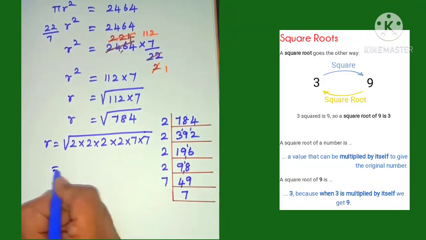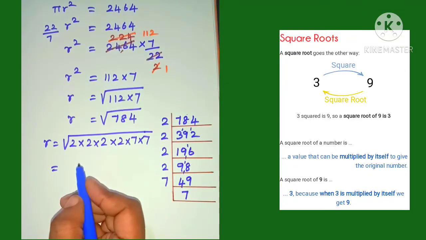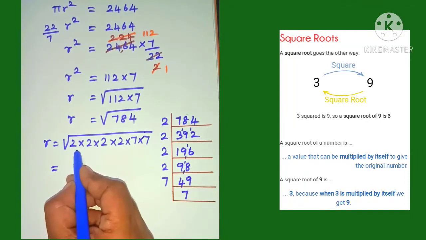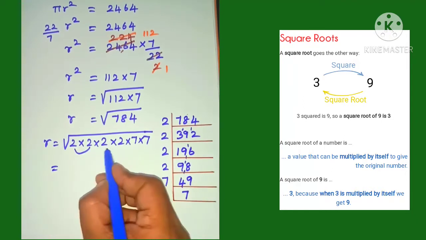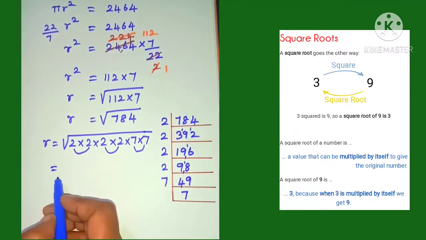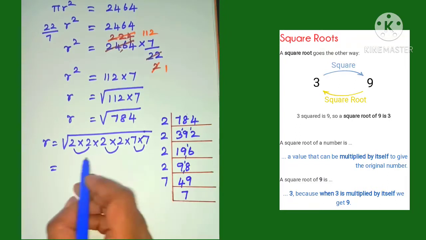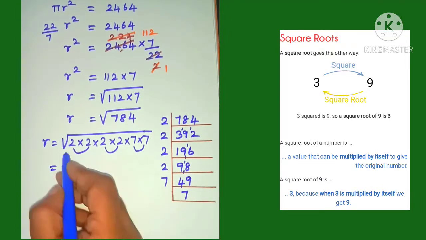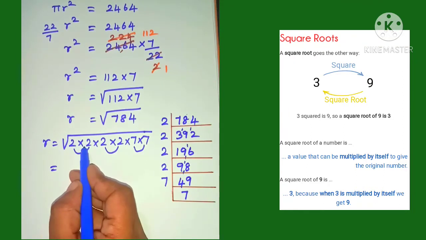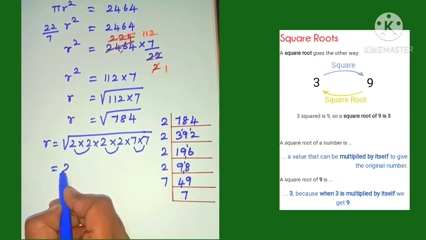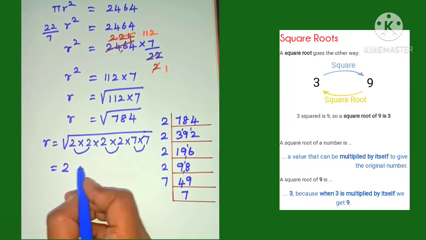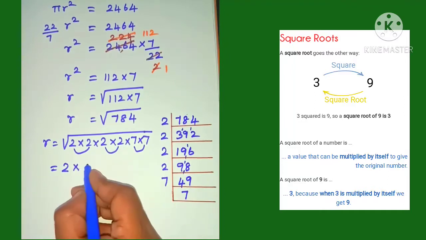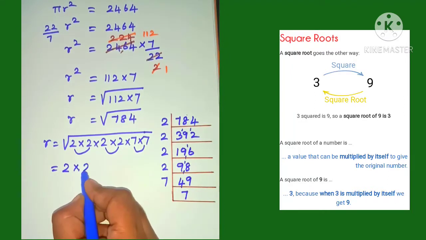So we know that in the square root we have to take one value from the pair. So make a pair of these values and bring one value outside the root. So when it comes outside, 2 into 2 comes outside, simply we can write 2, and 2 into 2 when it comes outside it becomes 2.